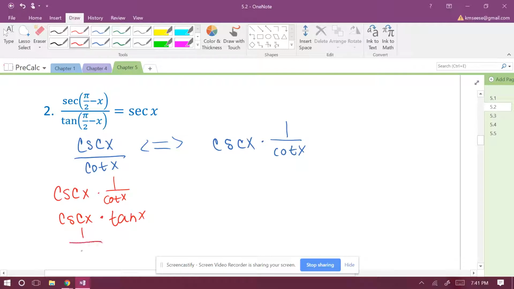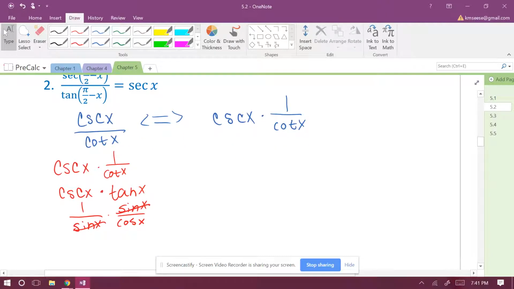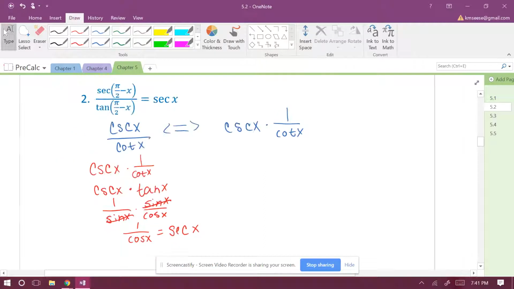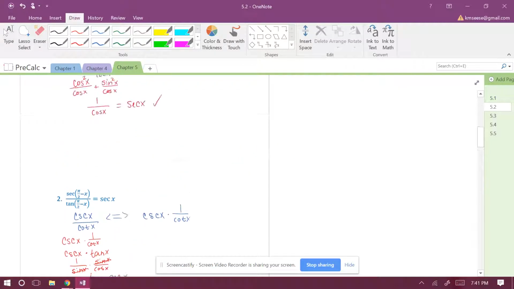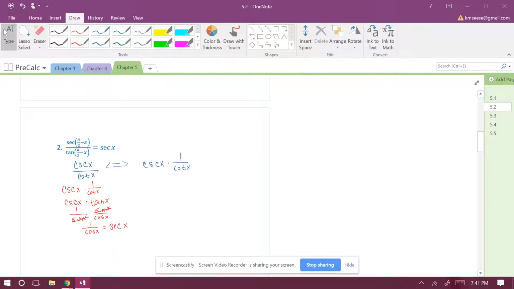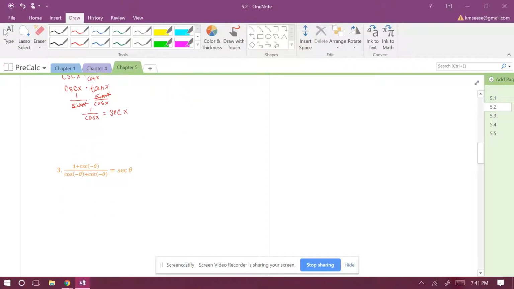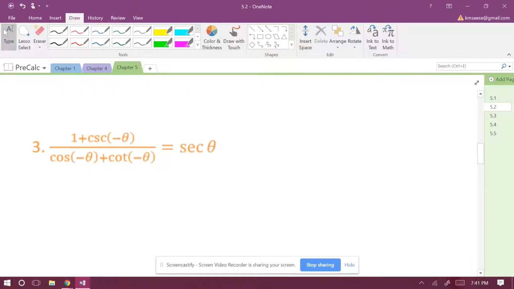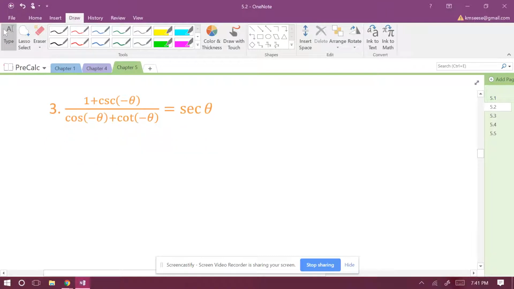Putting everything in terms of sine and cosine allows me to cancel out the sine of x, and I'm really just left with 1 over cosine of x, which also equals secant of x. So 1 and 2 are two drastically different problems, but they both just simplified to secant of x. Number 3, another drastically different problem, but still just reducing to secant of x.